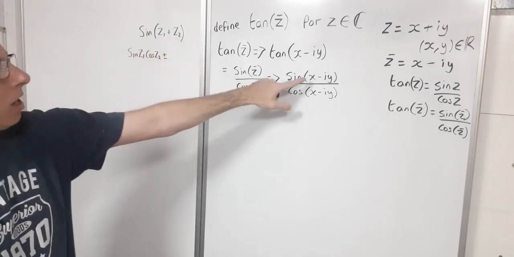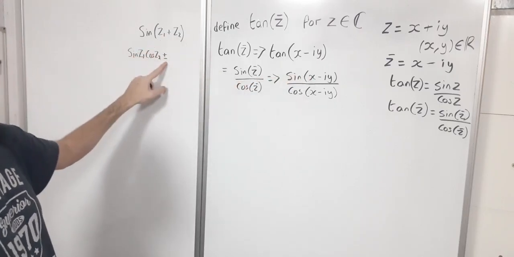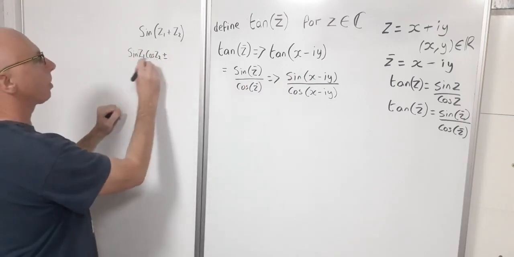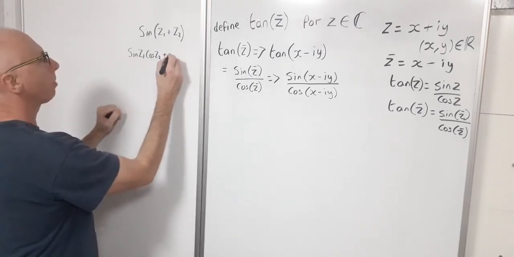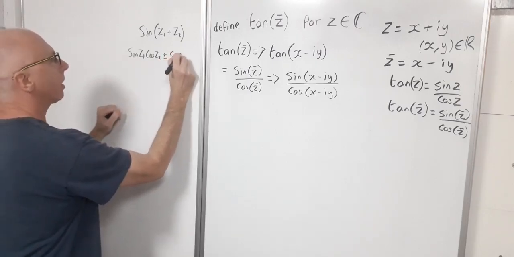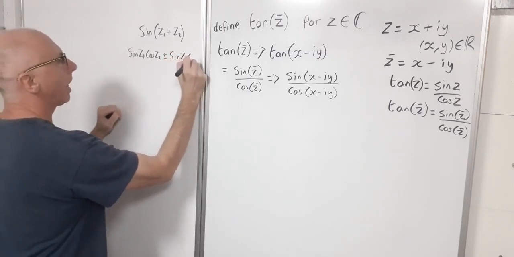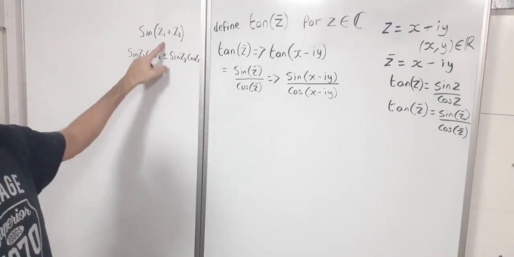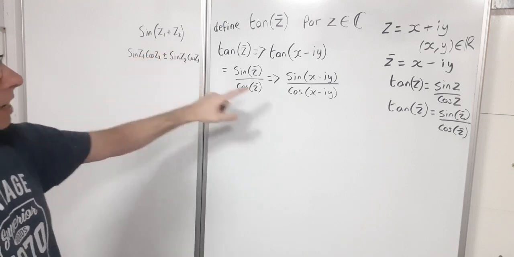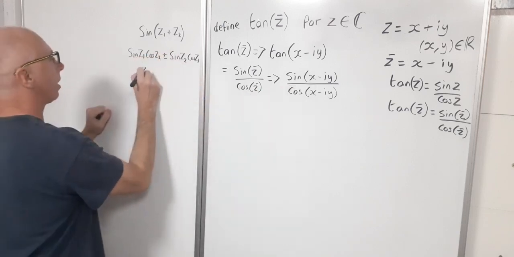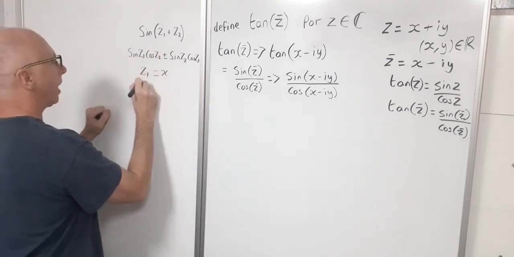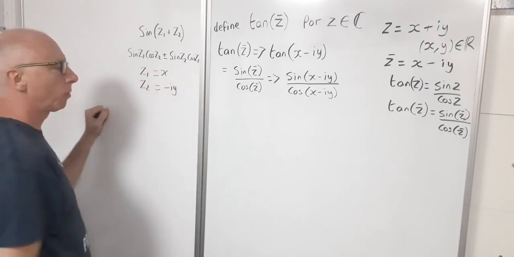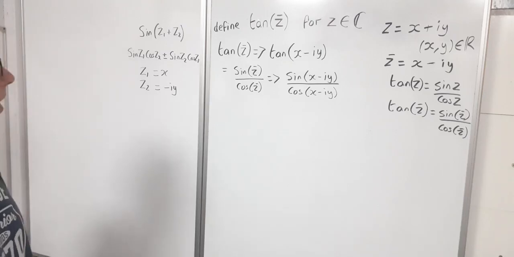In this case, we've got a minus sign, so that would give us a minus in here. So that's our sum rule for z1 and z2. Now in this case, as I said, z1 would be equal to x and z2 will equal minus iy. So there's a little bit to deal with there.